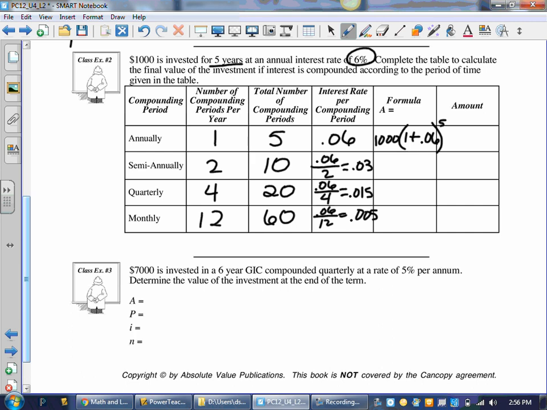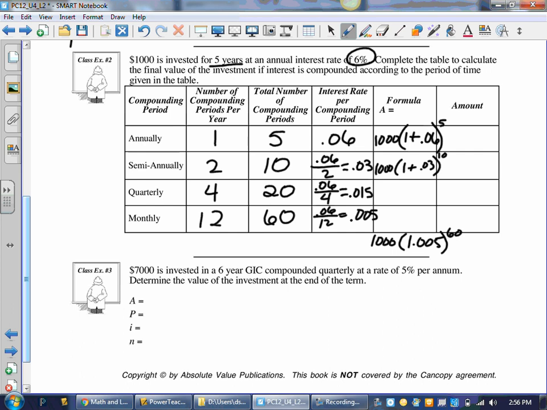When we do it semi-annually, we're going to have that same $1,000, but this time the interest rate we're getting each time is 0.03, and we're going to do it 10 times. So the number of compounding periods is the exponent, and this would be 1, you get the point, okay? This last one would be $1,000 times 1 point, can I just add them together? 1.005, if I add those two together, and then to the 60th power.